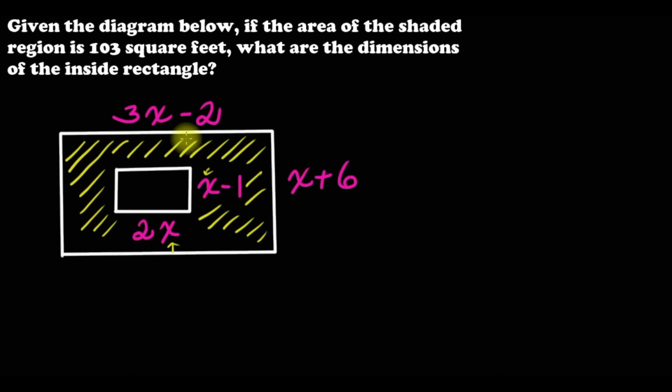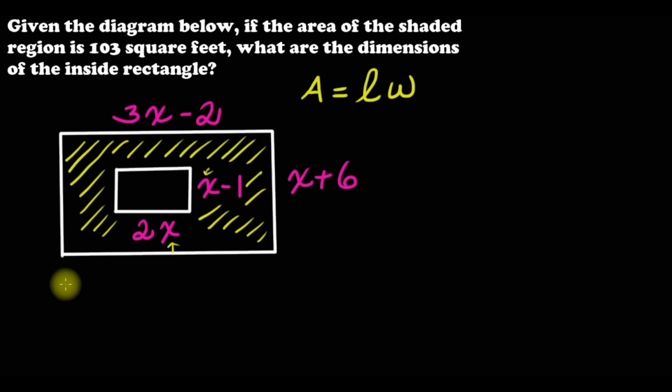Here we have rectangles to work with, right? So how do we find the area of a rectangle? To find the area of a rectangle, you take length times width. To find the area of the shaded region, you take the area of the outside rectangle minus the area of the inside rectangle.